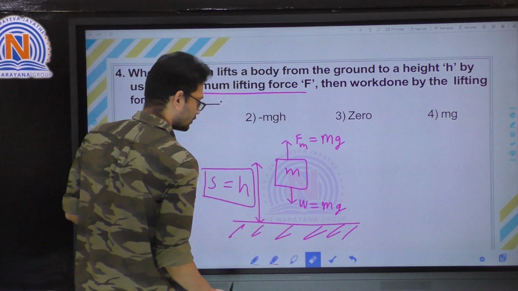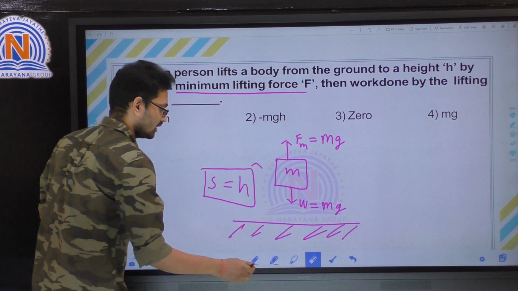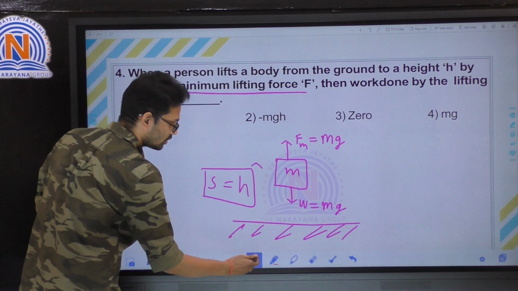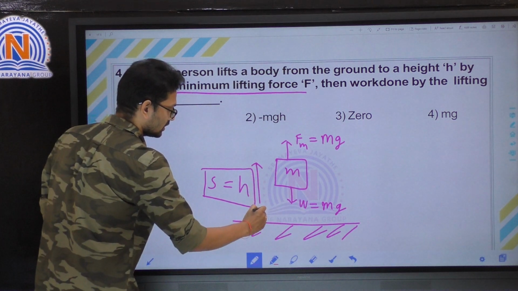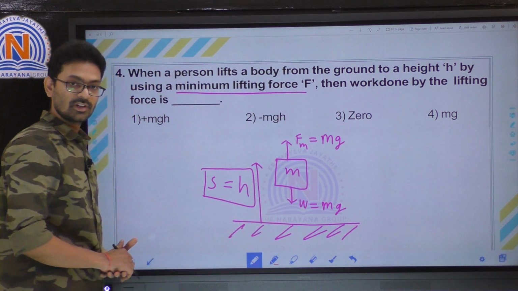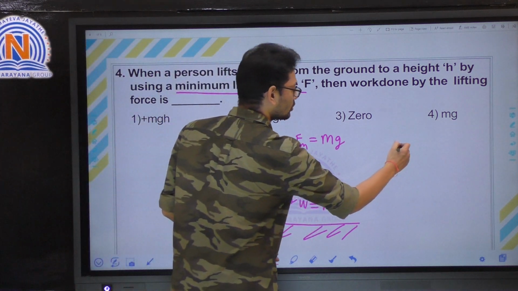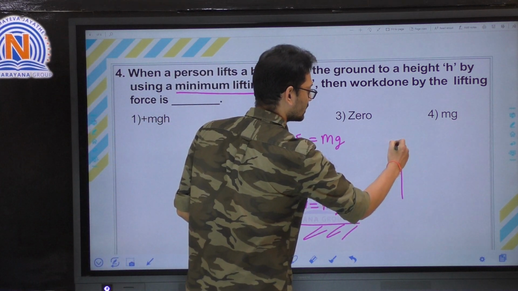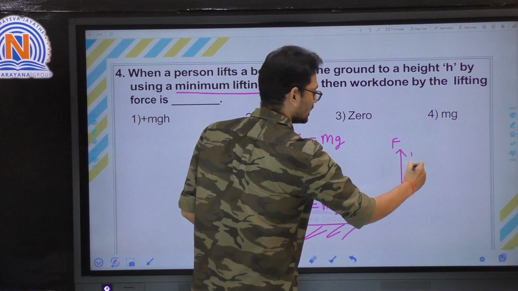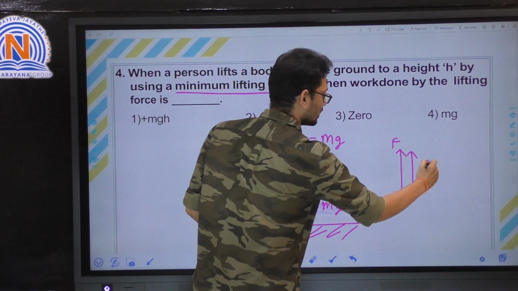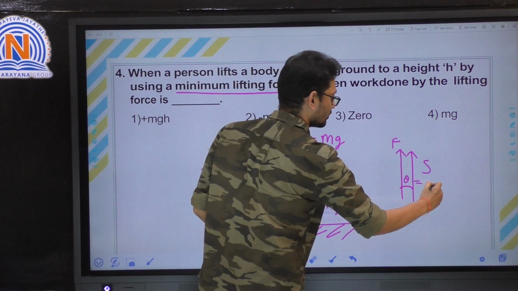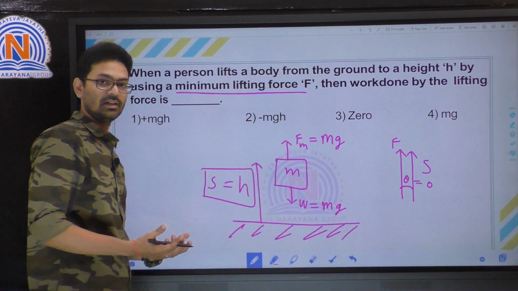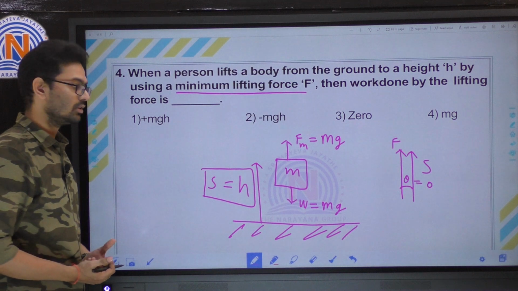I have to draw this perfectly because it's very important to understand the direction of the displacement. Now displacement is upwards. So I am going to draw two vectors, force vector F bar and displacement vector S bar. Both are parallel to each other, so the angle theta is going to be equal to 0.